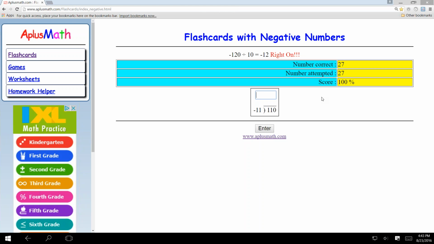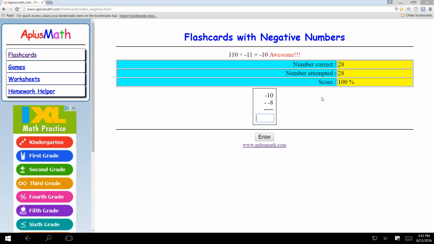Sorry, 10. -10. -18? No, if it was -10 plus a -8, it would be -18. But put those negative signs together at the bottom. -2. Yeah, so you have -10 plus 8, which is -2.